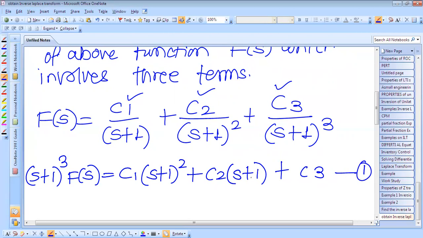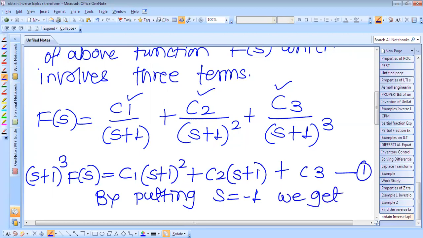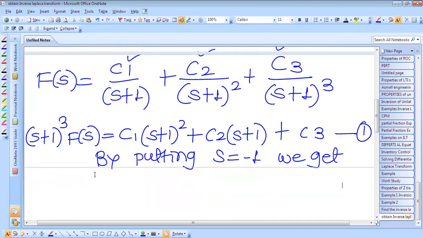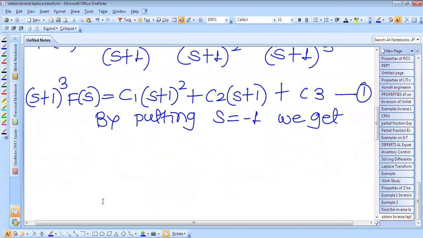Now, by putting s is equal to minus 1 in the above equation, what do we get? This term will become 0, this term will also become 0, so only c3 remains. So c3 is equal to s plus 1 cube into F of s.